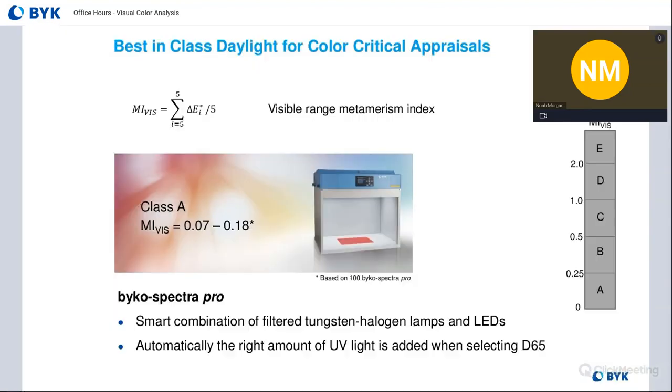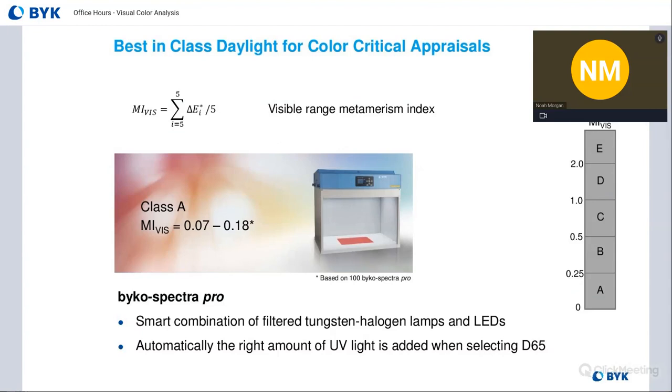And so you can see here, this is how the CIE classifies it. Overall, we had a Class A on our Bico Spectra Pro with a combination of these filtered tungsten halogen lamps and the LEDs. And automatically the right amount of UV light was added when selecting D65.